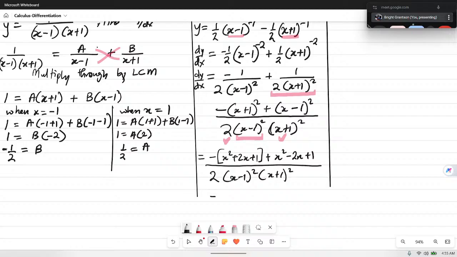The top part is negative x squared minus 2x minus 1 plus x squared minus 2x plus 1, all over 2 times x minus 1 squared times x plus 1. This negative will cancel this positive. Negative 2x and negative 2x become negative 4x. 1 and negative 1 will cancel.